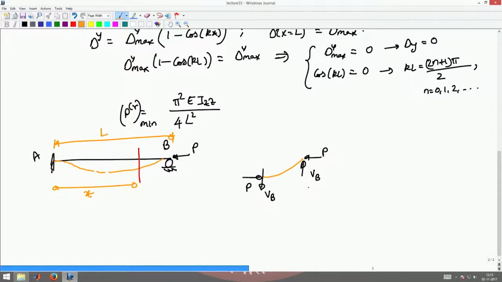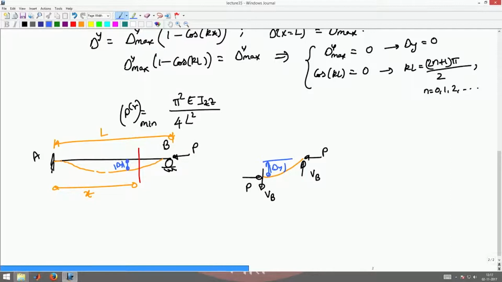Length of the beam is L. This will be L minus x. If delta y is the deflection, the absolute value of delta y, that will be P times the absolute value of delta y, because this distance is the absolute value of delta y.